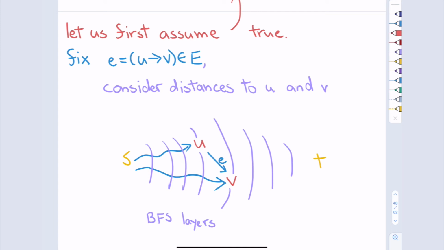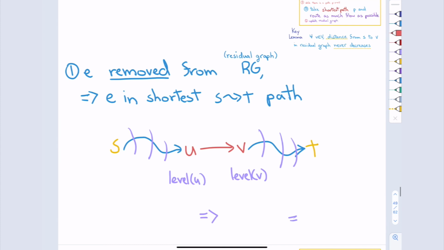So what's going on? Let's look at a point in time when E is removed. Right? So, okay, what does that mean? That means that E appeared in the shortest S to T path, and it was the bottleneck edge.